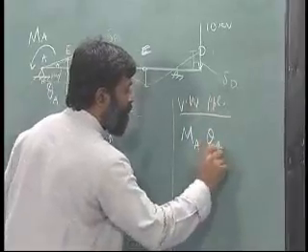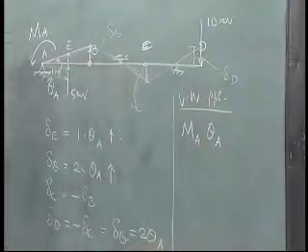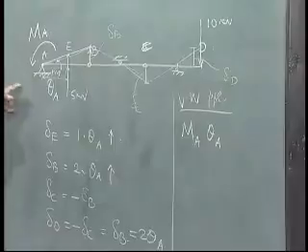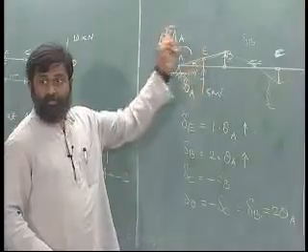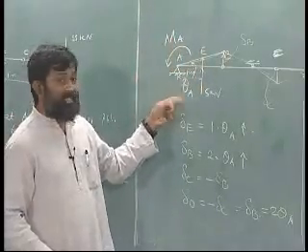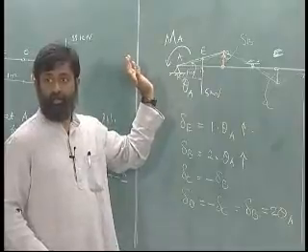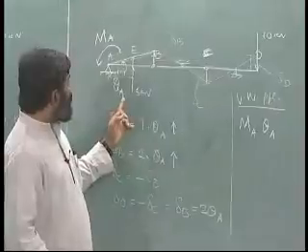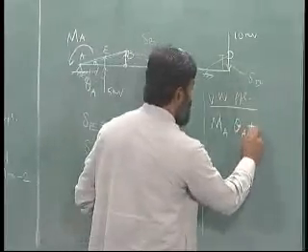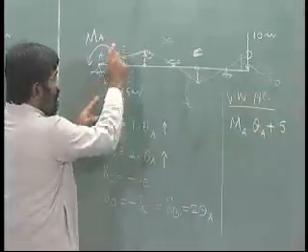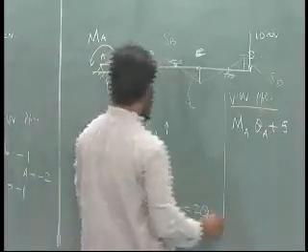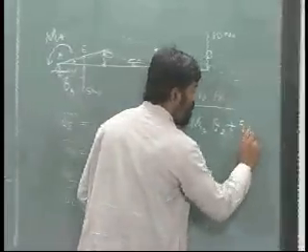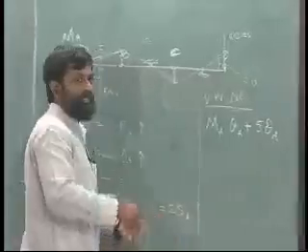Theta A, remember the direction of MA is counterclockwise, theta is also the rotation in counterclockwise direction. So this is a positive quantity, plus 5 kilonewtons times delta E, delta E is equal to theta A times 1.